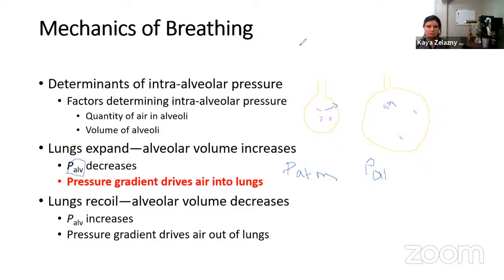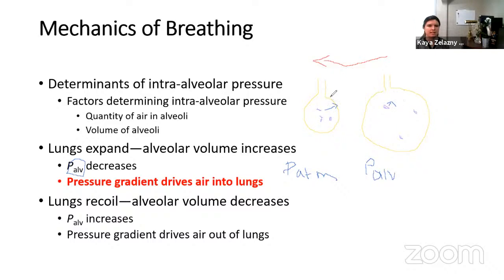Okay, so the other thing that we can have happen, so we talked about the lungs being elastic and how they can recoil. They want to be a little smaller, essentially, because of their elasticity. So when the lungs recoil, we basically have this situation in reverse. So instead of drawing these out again, I'm going to draw an arrow to the left. So when the lungs recoil, we start out with a big alveolus.